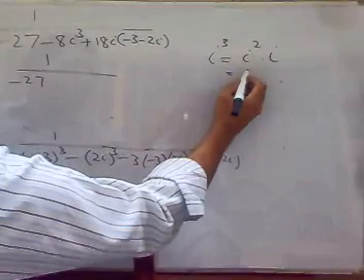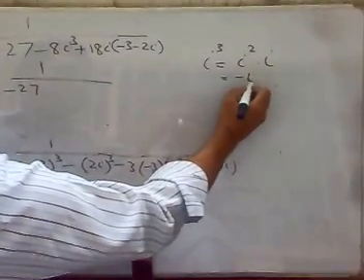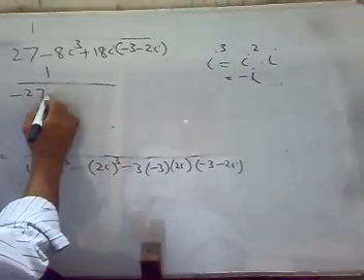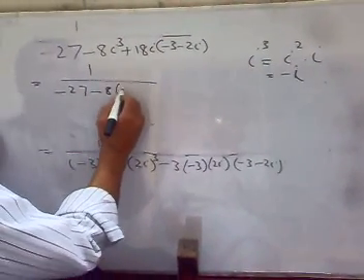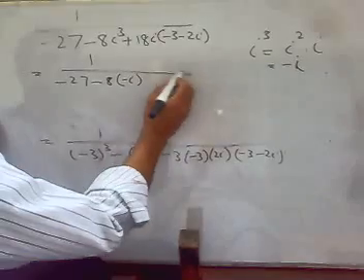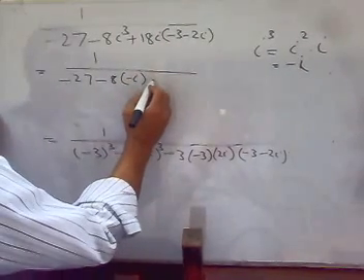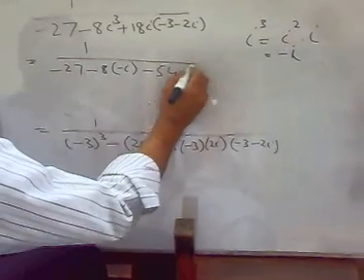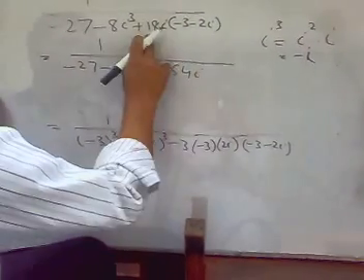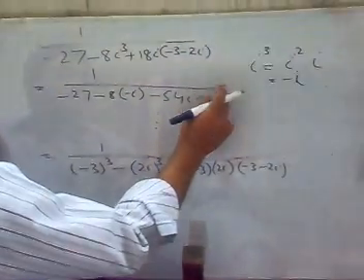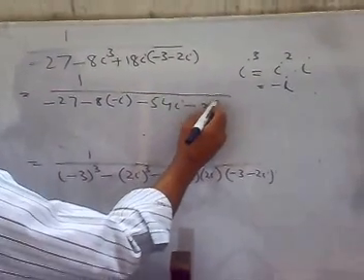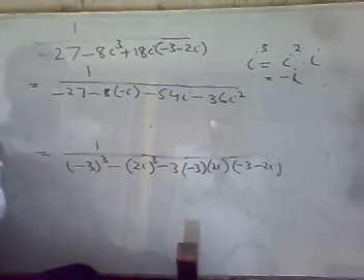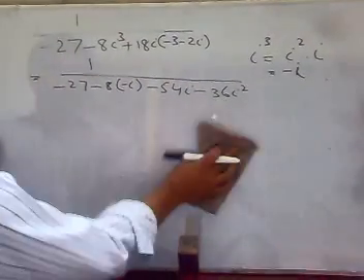Iota squared is minus 1, so the answer will be minus iota. So instead of iota cube, we can write minus 8 into minus iota. This will be multiplied inside, so it will be minus 54 iota plus minus minus, that will be 36 iota squared.